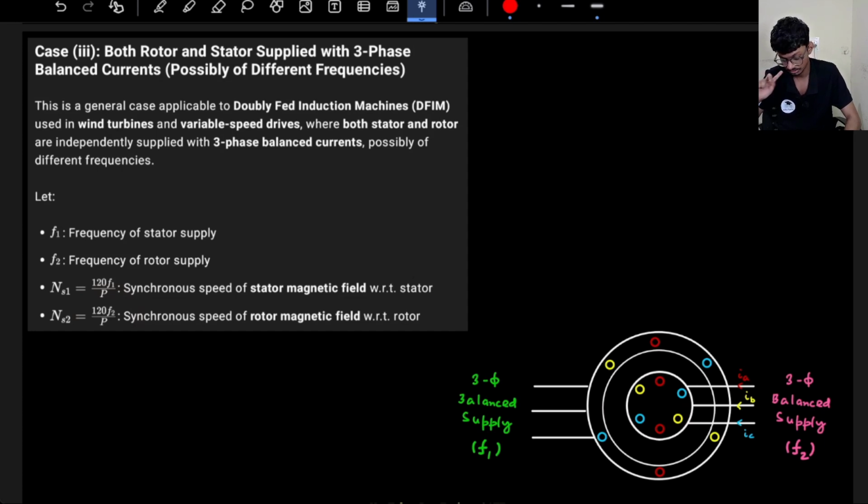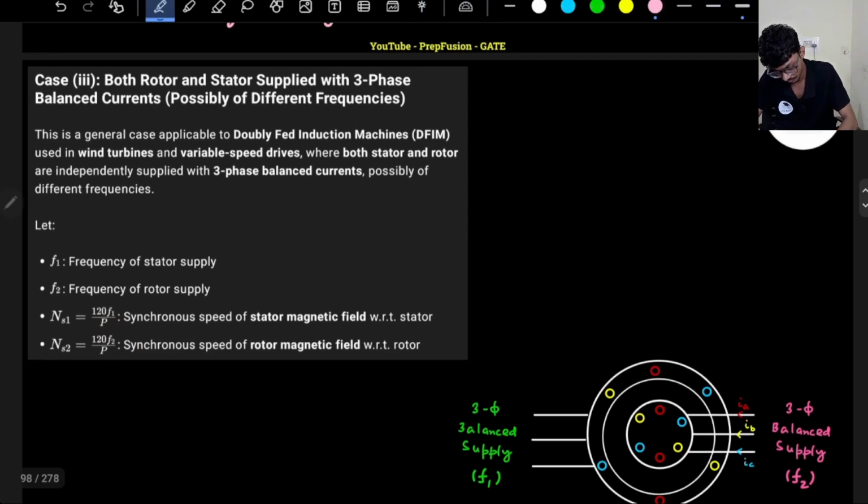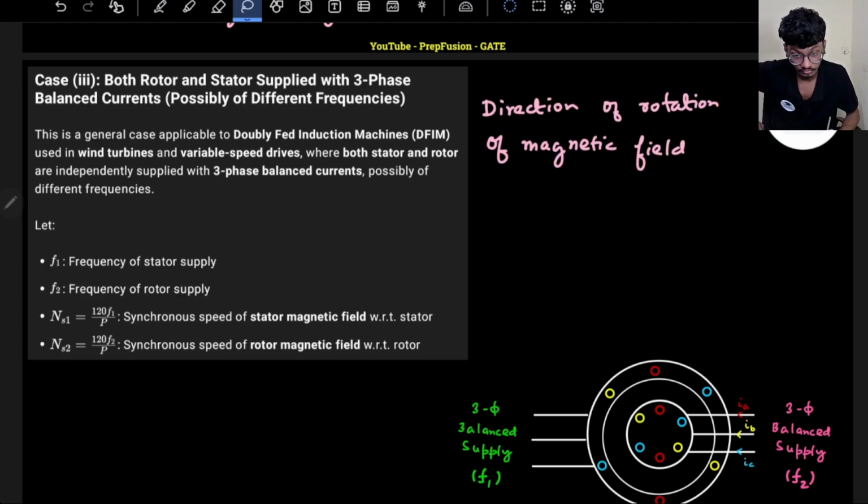Okay, so again there are two sub cases in this case, because I told you the direction of rotation of magnetic field depends on the phase sequence, right?